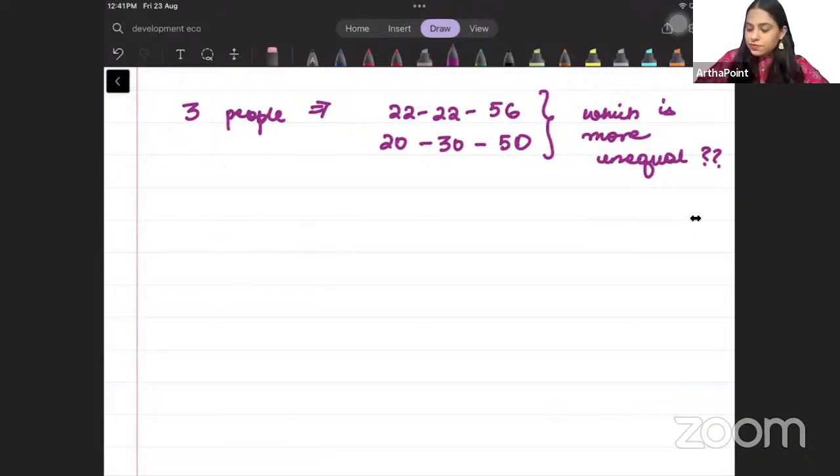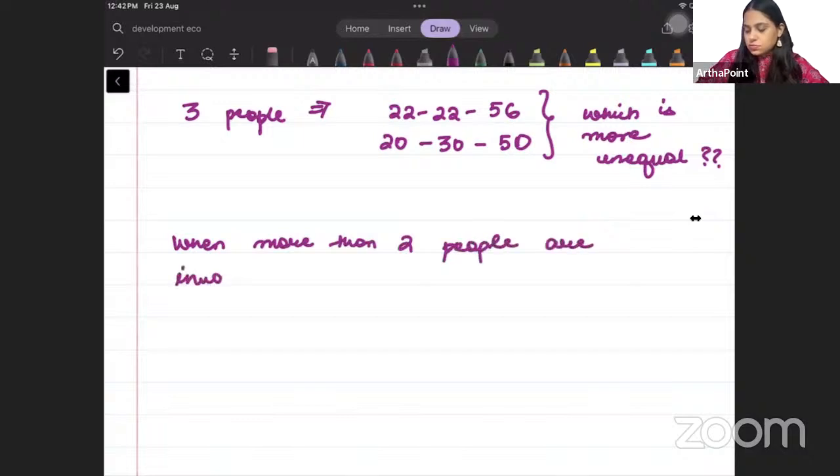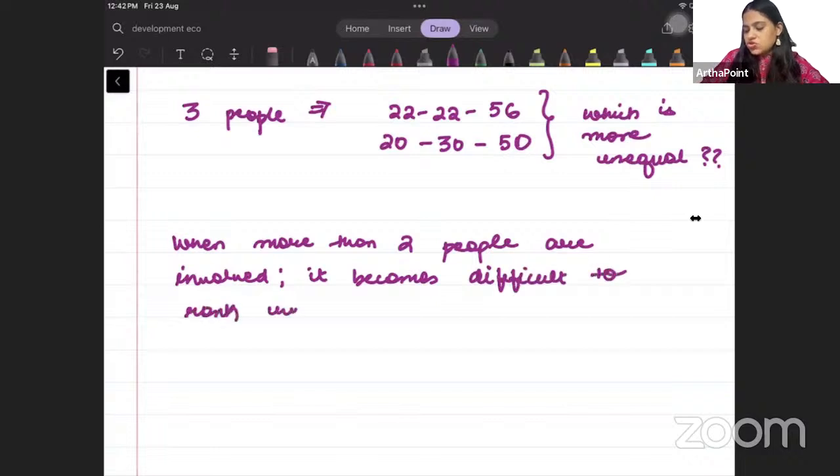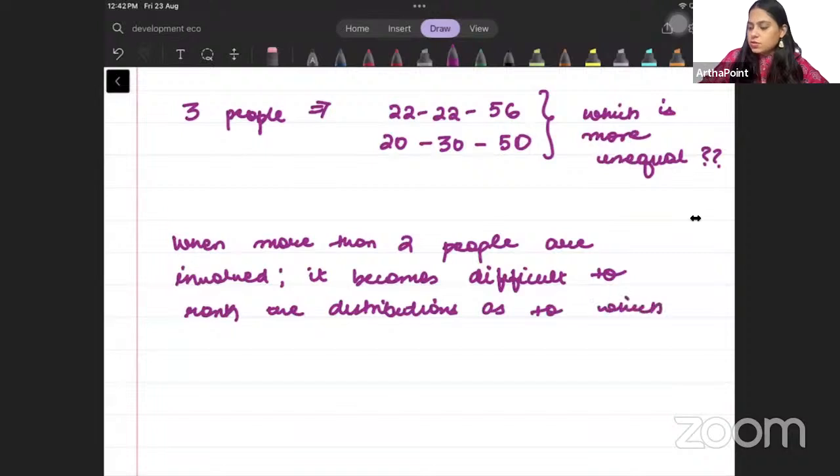So please write down: when more than two people are involved, it becomes difficult to rank the distributions as to which one is more unequal.